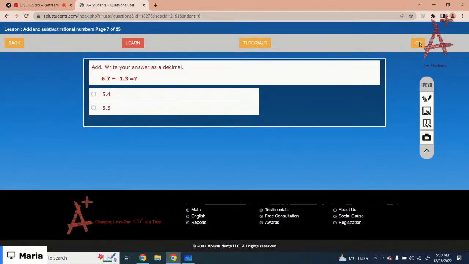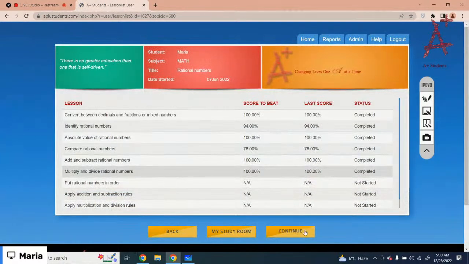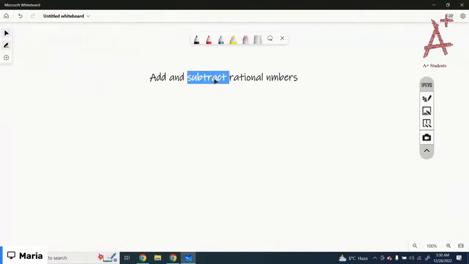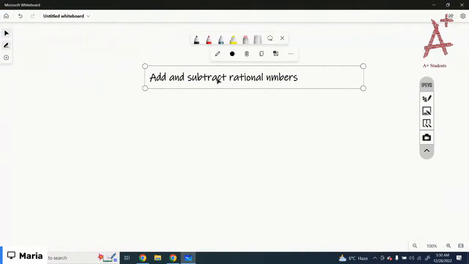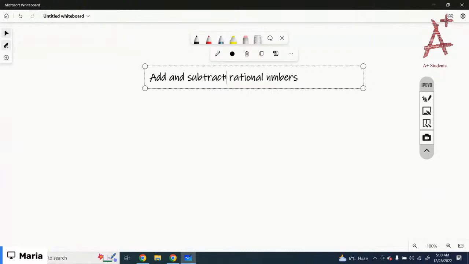And the next lesson is multiply and divide rational numbers.